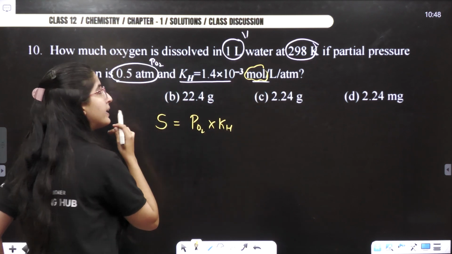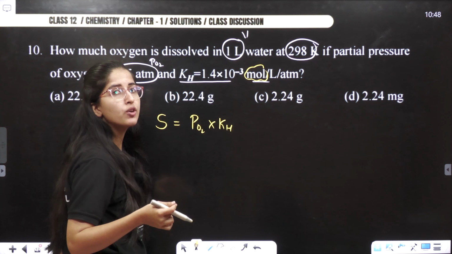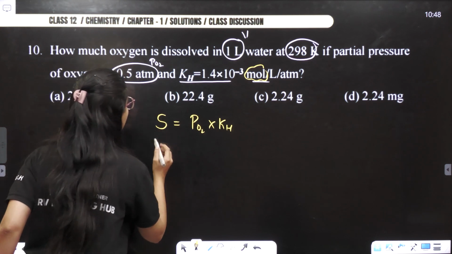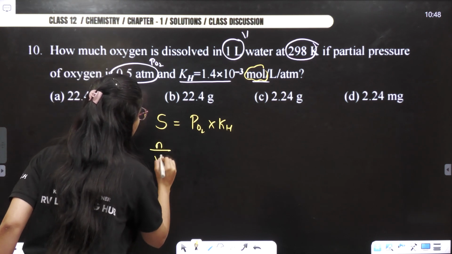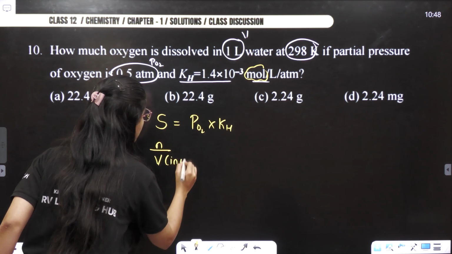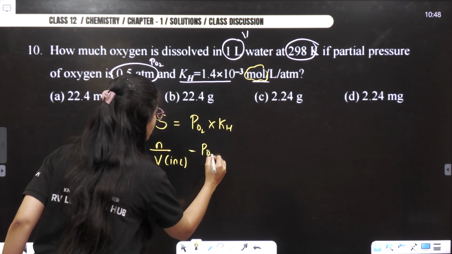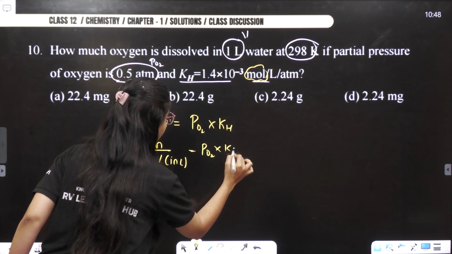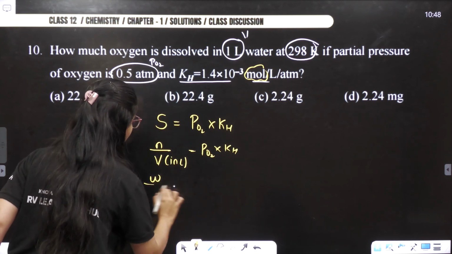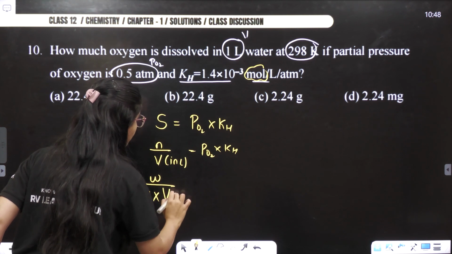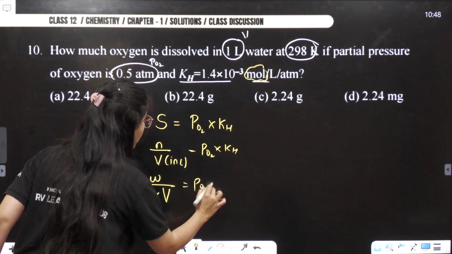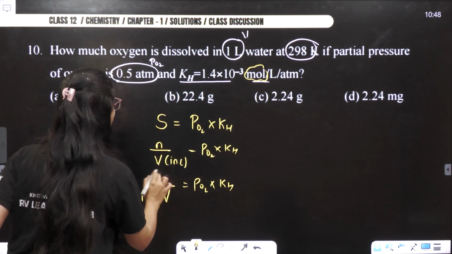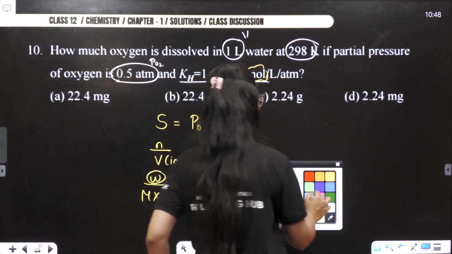That means the solubility is in terms of molarity. So here you can write number of moles divided by volume in liters, equal to partial pressure of oxygen into KH. And number of moles you can write as weight divided by molecular mass, into volume in liter is equal to PO2 into KH. As you are talking about the weight, how can we calculate the weight here?